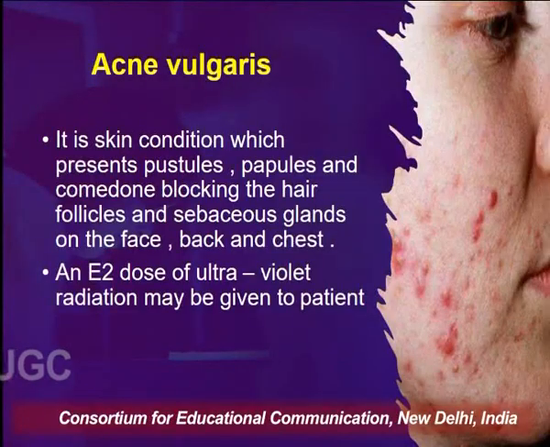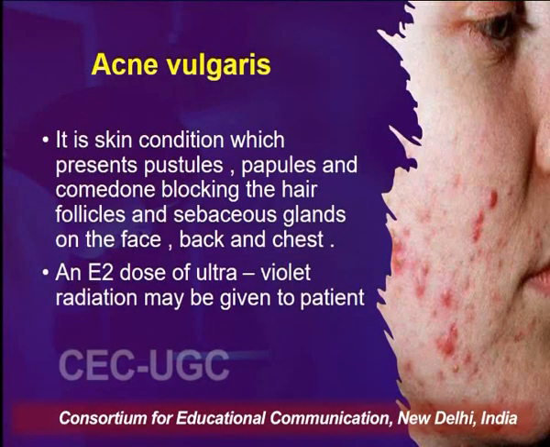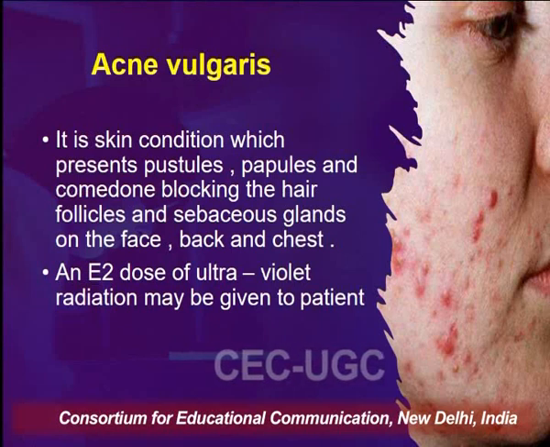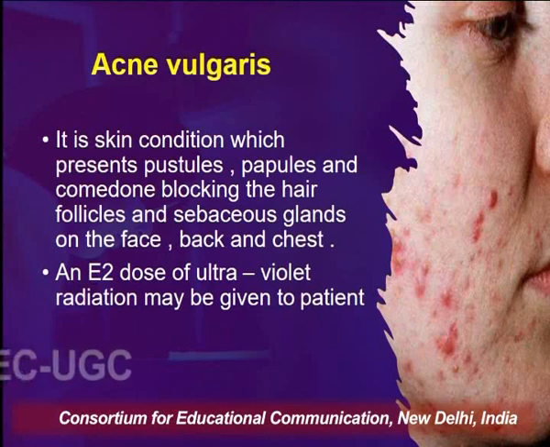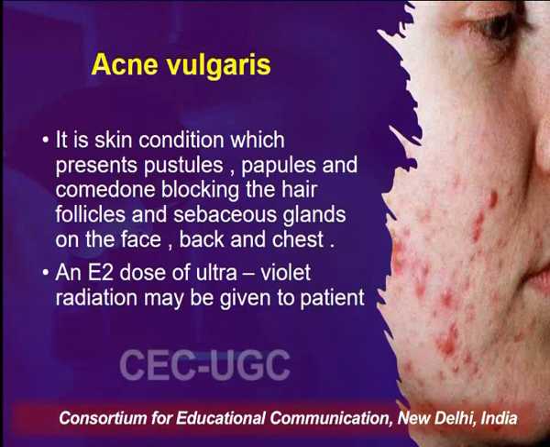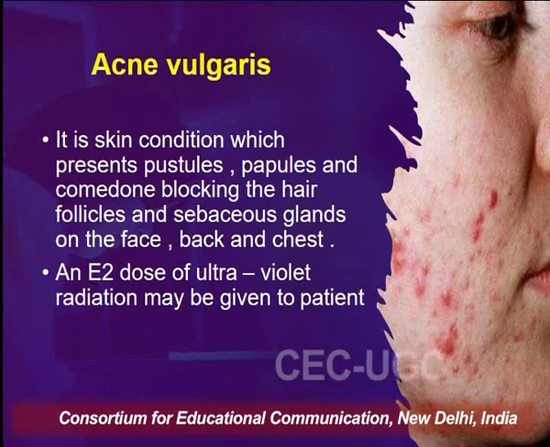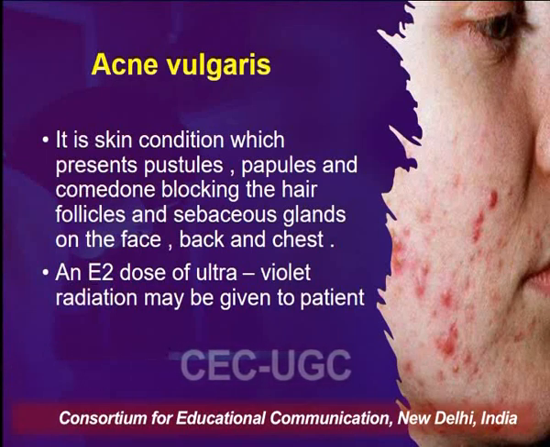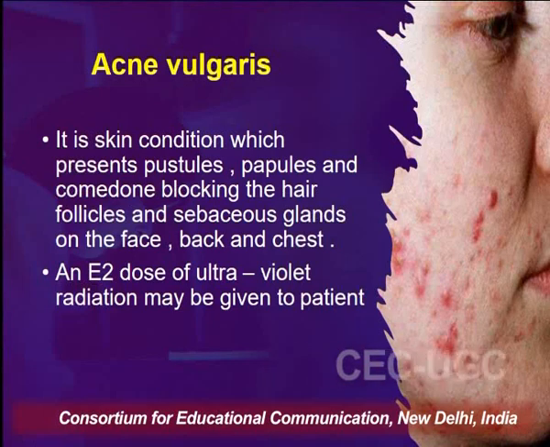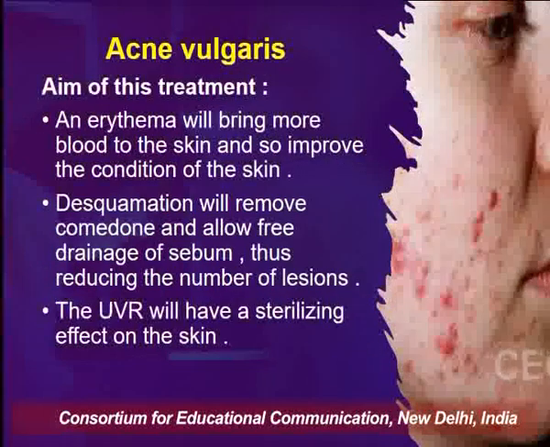Then acne vulgaris. It is a skin condition which presents pustules and comedones blocking the hair follicles and sebaceous glands on the face, back and chest. An E2 dose of ultraviolet radiation may be given to the patient.